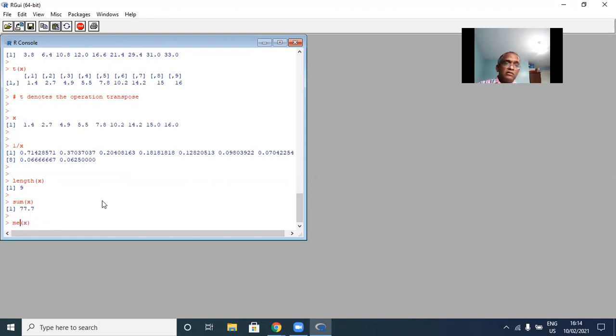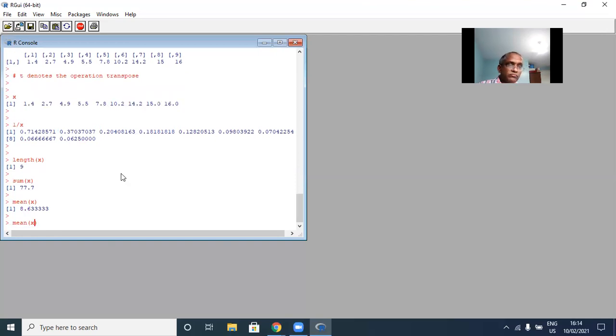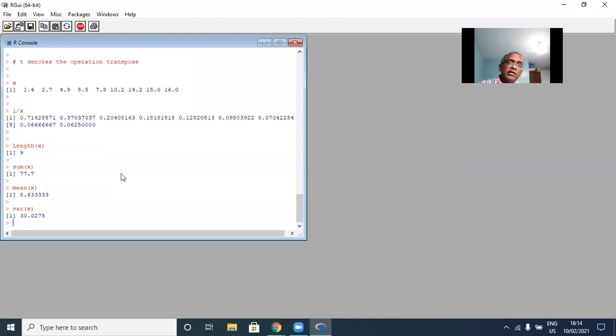And mean of x is the average of the values in x. So the average of all these numbers in x gives you 8.63333, right? var of x, var is the variance or the sample variance of x. You may recall on Monday this week, I gave you a formula for the sample variance.